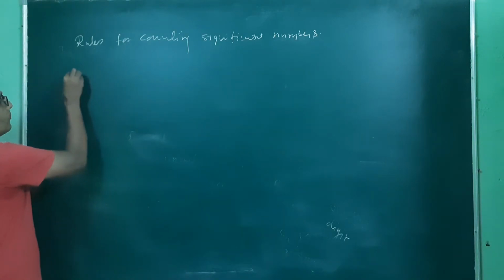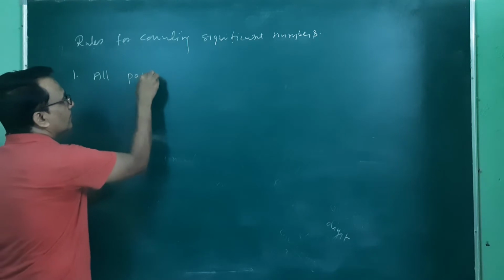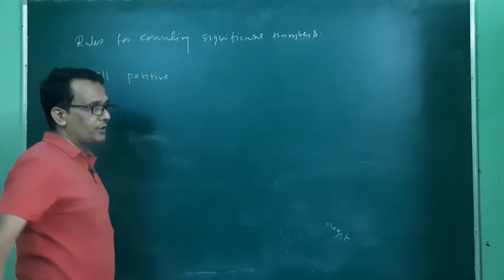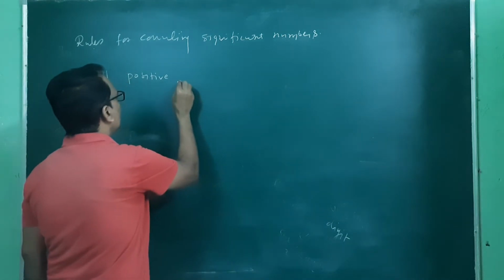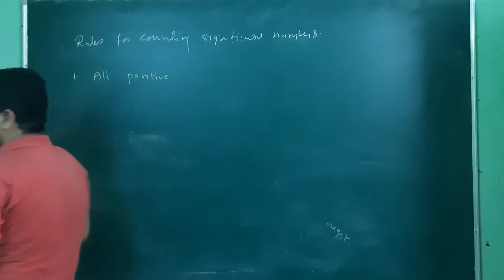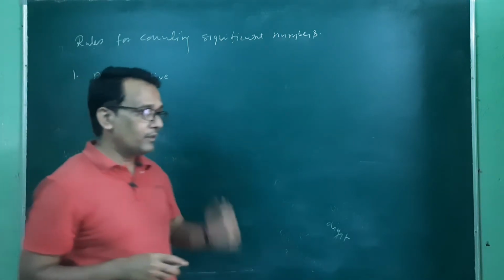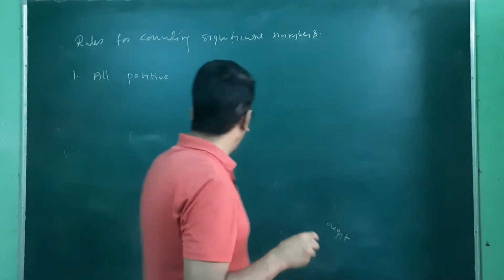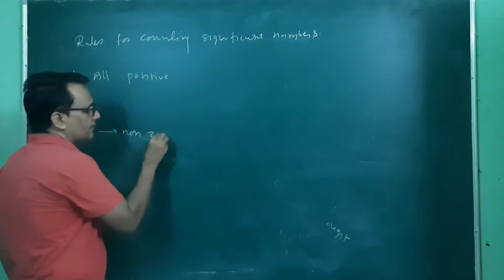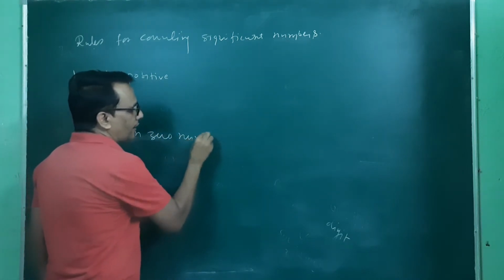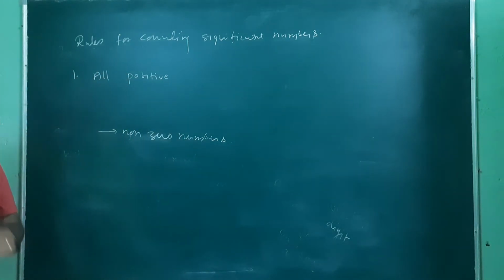Rule number one: all non-zero numbers are significant. Actually, a number can be divided into two parts: the non-zero numbers, meaning other than 0, and the zeros.